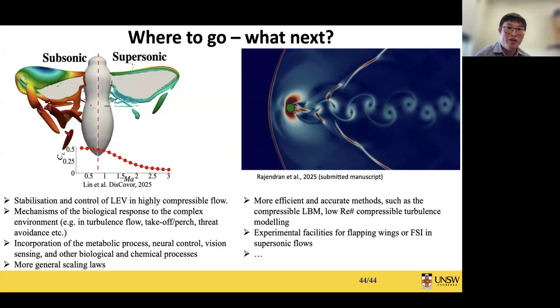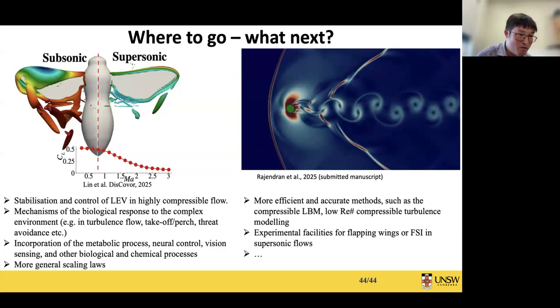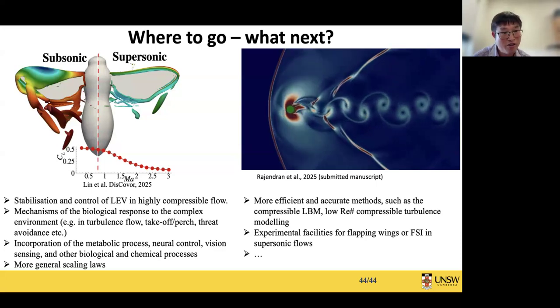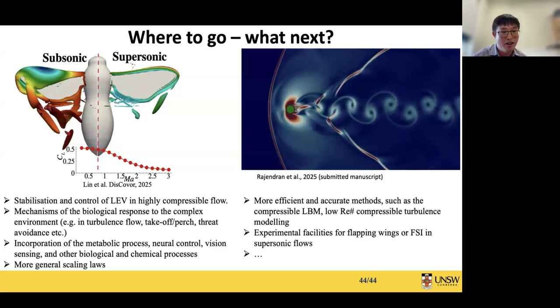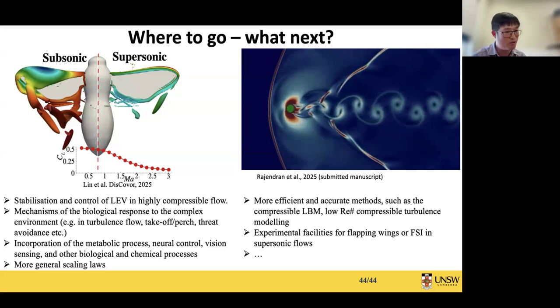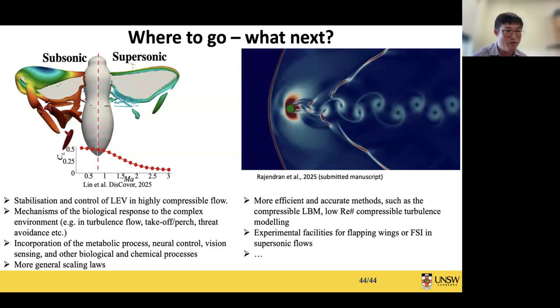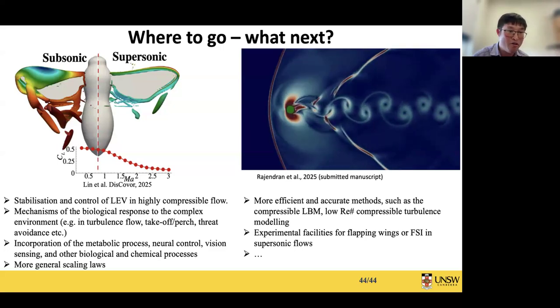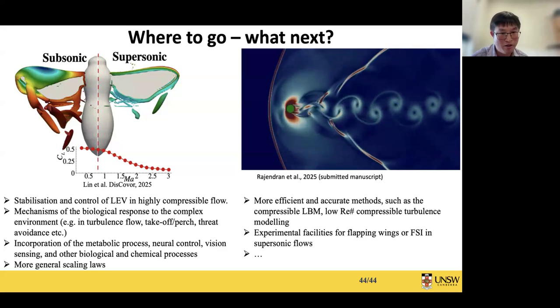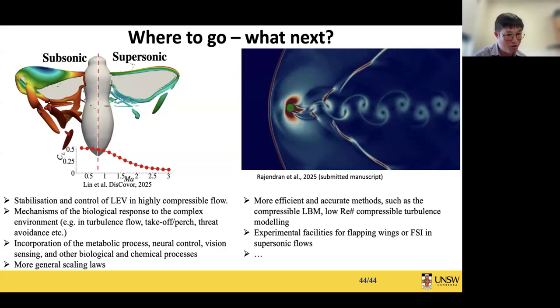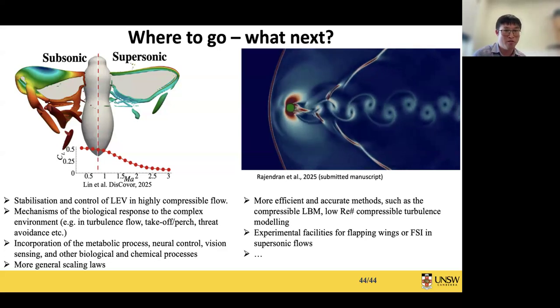Also in the future, we need to consider mechanisms of biological responses to complex environments like turbulent flows, takeoff, or threat avoidance. We may need to incorporate the metabolic process, neural control, vision, sensing, all together to understand more.